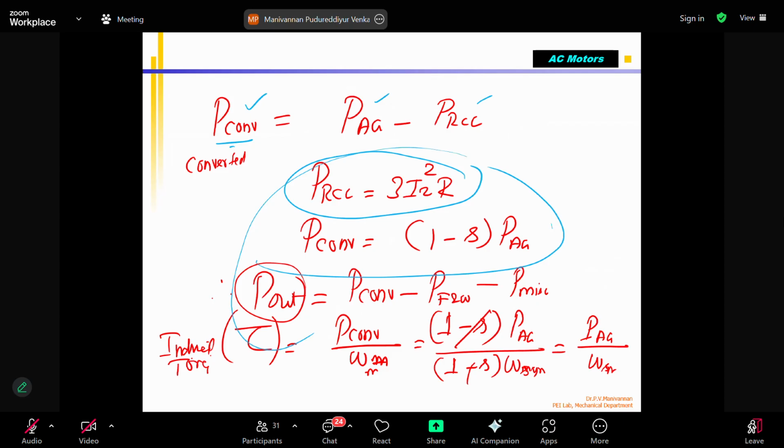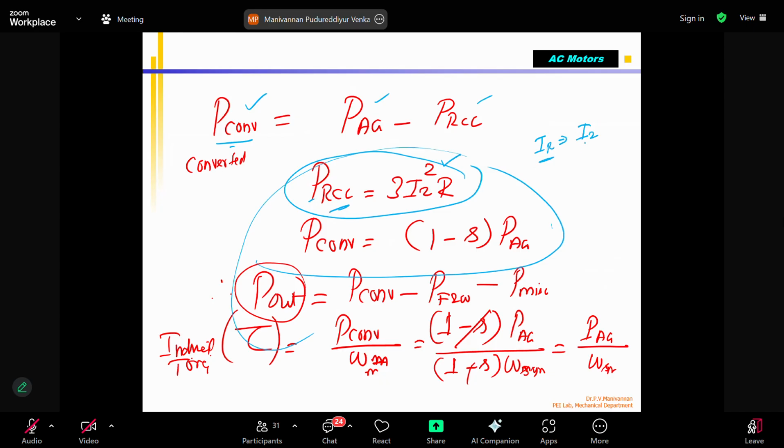If it is not given, in that case you need to compute the rotor copper loss. For that, you need to know the rotor current I2. You should know the rotor current formula already. If IR is given, then from that you can get I2.